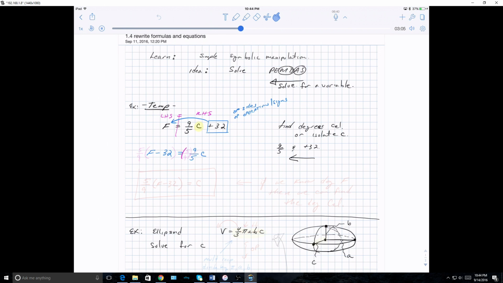So all we have to do is multiply here by 5/9, and then multiply this whole thing by 5/9. And again, you'll notice that those cancel out, leaving C is equal to 5/9 times F minus 32. And this will tell us the conversion that if we know degrees Fahrenheit, then we can find the degrees Celsius.